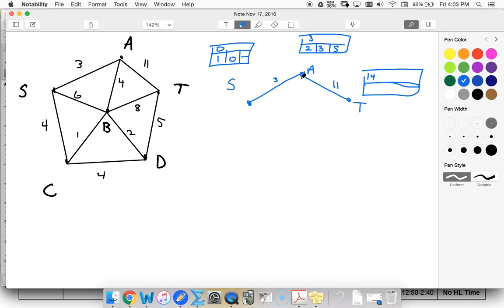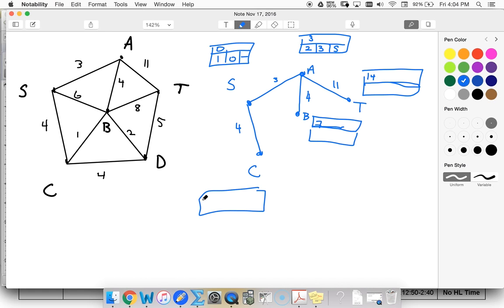I could come down to B, and in my box, I've got a temporary distance so far of 3 plus 4 makes 7. So that's A. From S, though, we also had our initial ones, so down to C is 4.